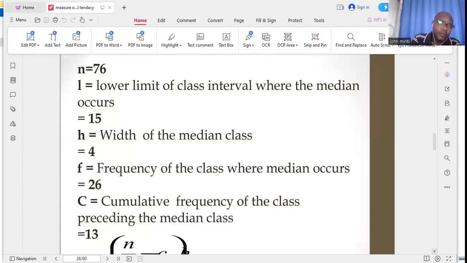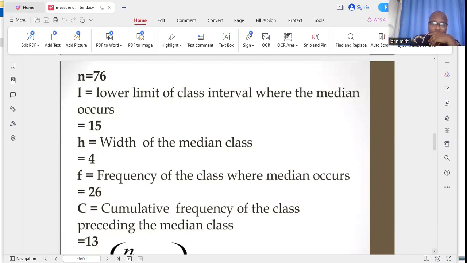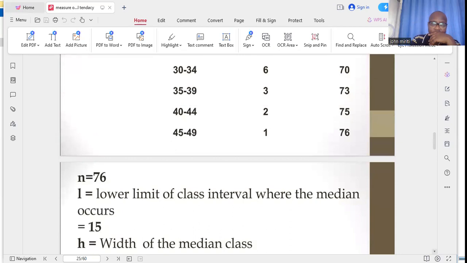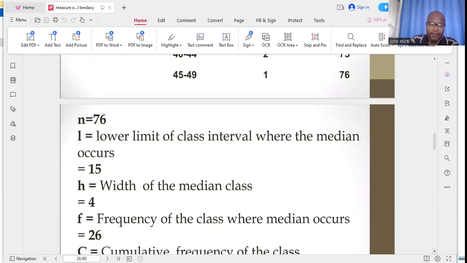And then we come to our formula. The total number of observations is 76. The low limit of the class interval is 15. And the range of the median class is 4. Where have we got this from? This is 76, 76 divided by 2 is 38.